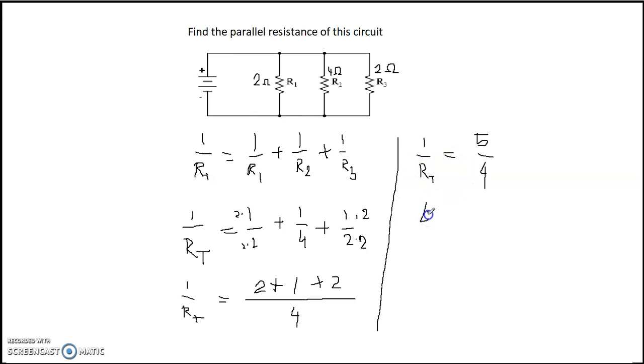We'll get 4 equals 5 times RT. Now dividing both sides by 5, we'll get RT equals 4 by 5.